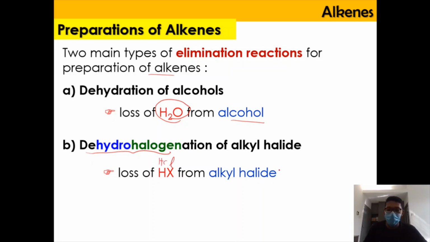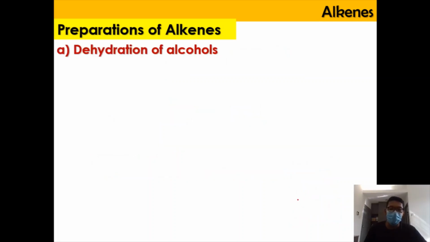The alkyl halide here refers to haloalkane, for example CH3CH2Br. And now we're going to remove H and Br so that we can produce an alkene. Okay, so this is the general idea.